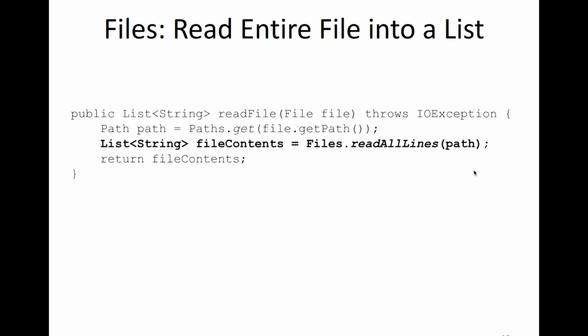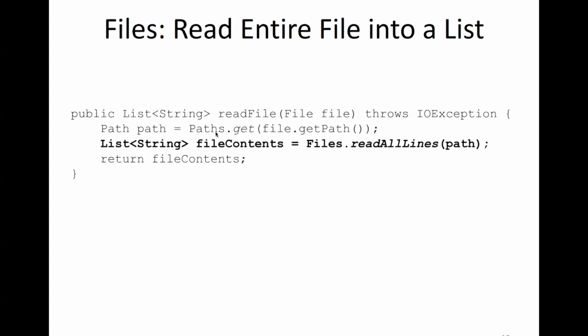And so if we want that, we start with a file object, but we have to convert that to a path object. The reason for that is this is part of a different API that Sun created later after the original IO classes, so they created a different mechanism for how it works. That means I do have to convert the file to a path by calling get path on it.